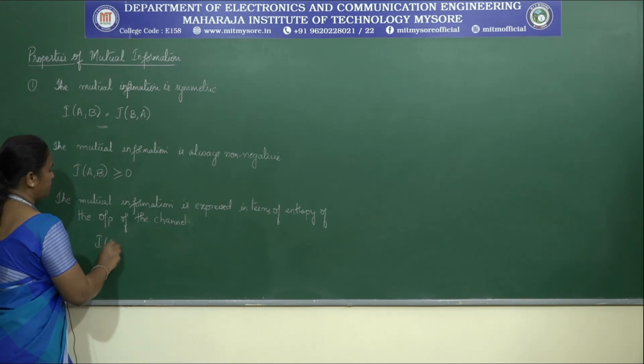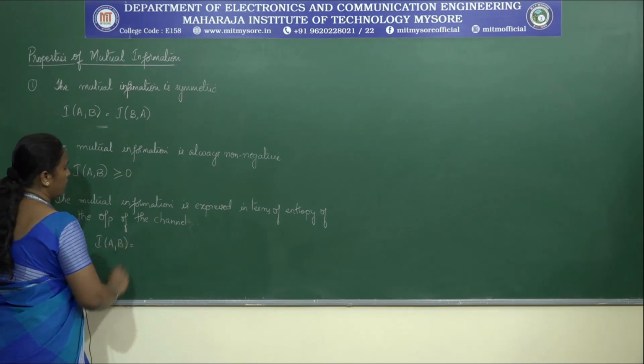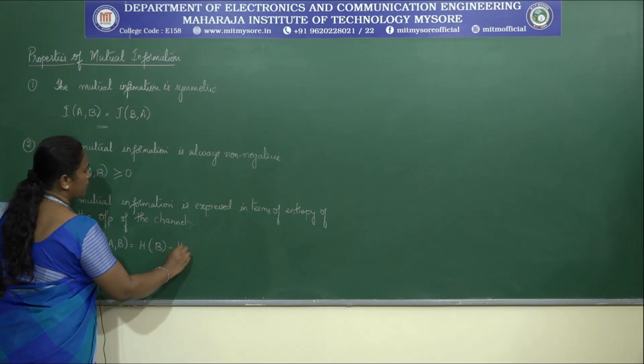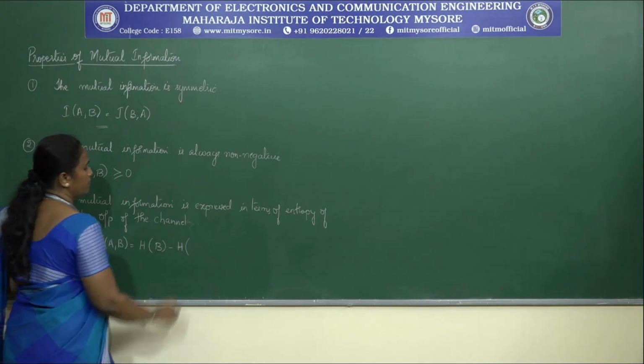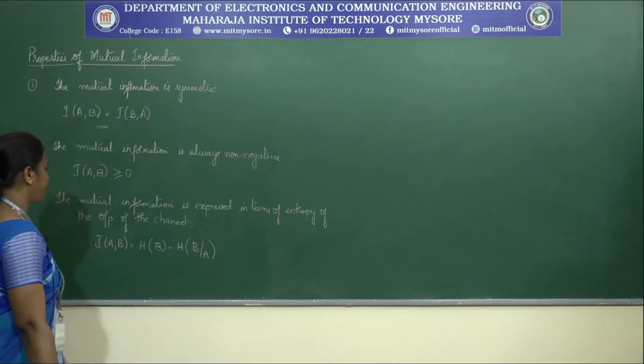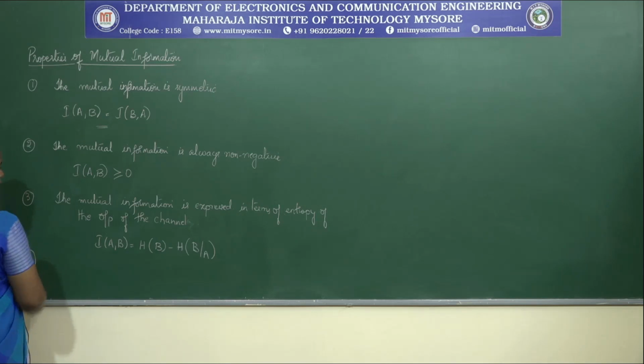That is, I of A comma B is equal to H of B minus H of B by A.